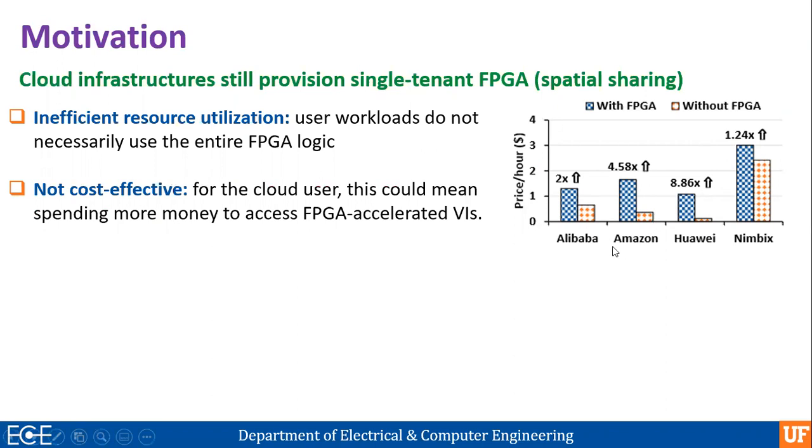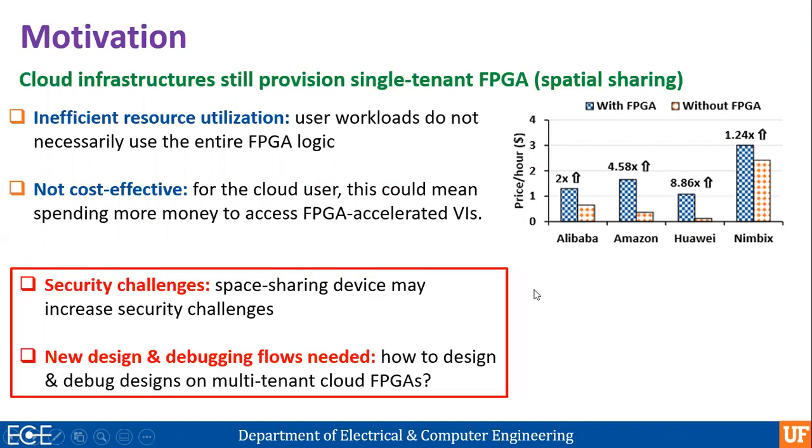For instance, when we look at four of the major cloud providers that are currently using FPGAs, we quickly observe that most of the deployments that attach FPGAs to virtual machines are significantly more expensive for the cloud users than similar virtual machines that do not provision access to FPGA resources.